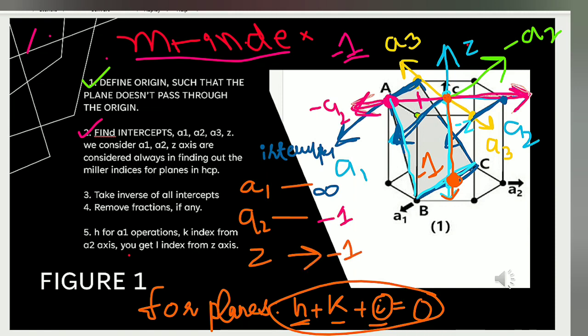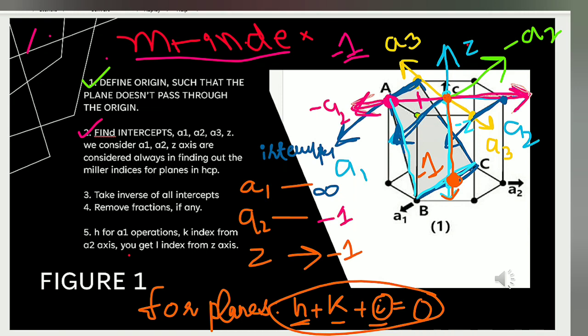I hope this is clear to you, how I am taking these intercepts. Intercepts are actually the points where the plane is touching the axis lines. Here the axis lines are very important. You have to see where the plane is cutting the axis lines, either in the negative or in the positive direction. Always start with the simple ones, the ones that are clearly recognizable.